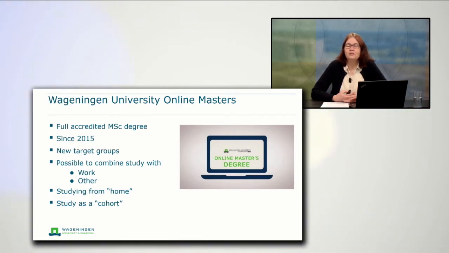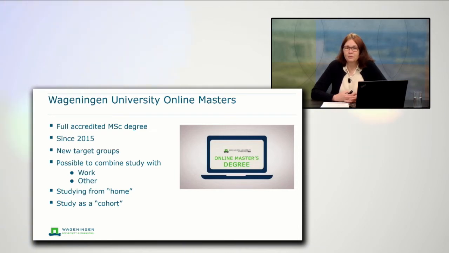The main aim for designing this program was to enable new target groups to participate in studying at master level. So the main aim of the online master is towards students who already completed a bachelor degree in a relevant domain, started to work in, for example, a breeding company or the broader breeding related industry, and want to upgrade their knowledge up to master level.